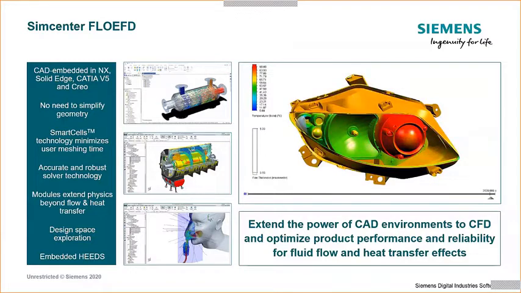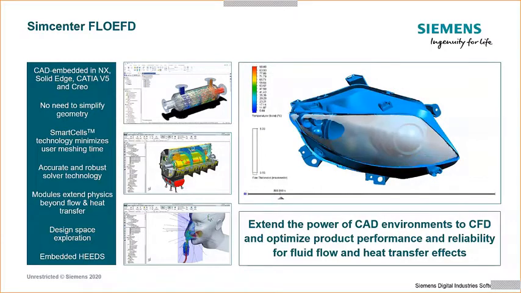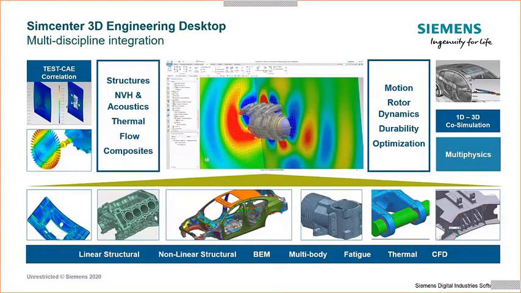Targeted primarily at design engineers, it's available on all major CAD platforms, and the robust technologies on which it is based allow for rapid and accurate CFD simulations. Simcenter 3D is a multidiscipline software that provides a wide range of dedicated solutions and pre- and post-processing capabilities for structures, acoustics, composites, motion, rotor dynamics, durability, multiphysics, and the like.